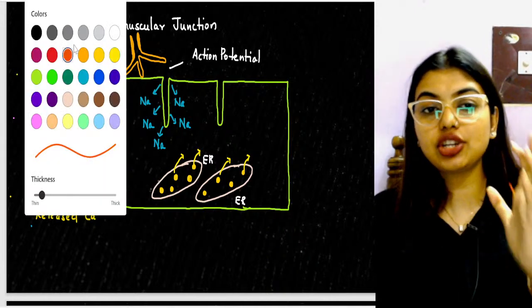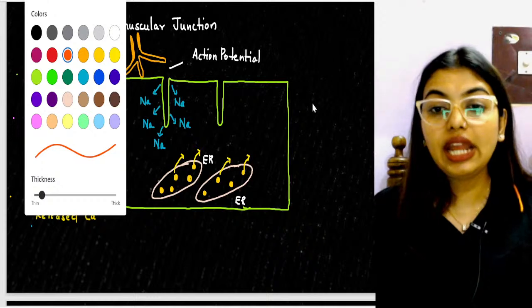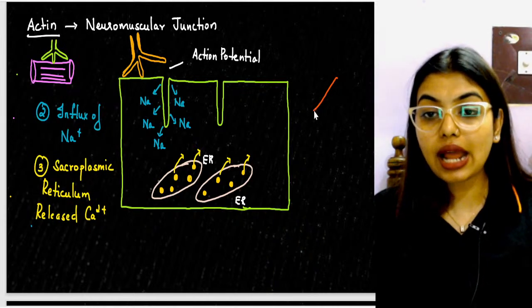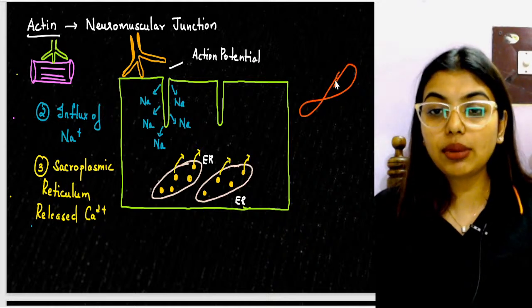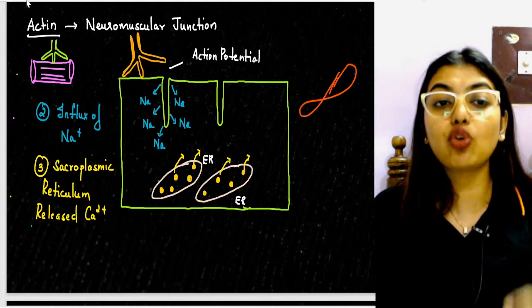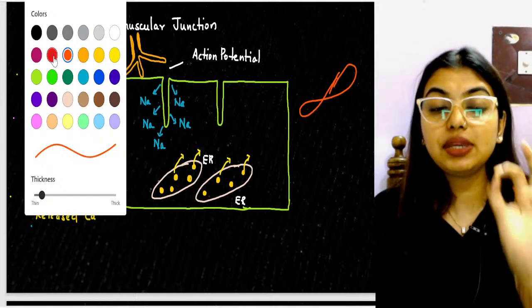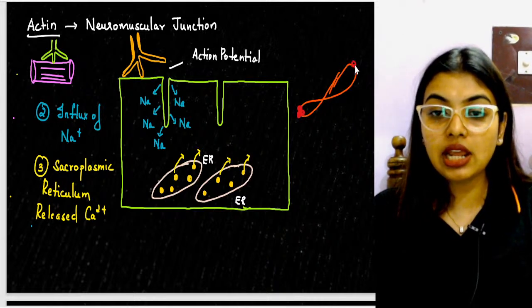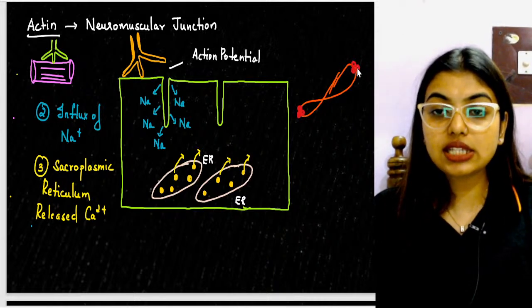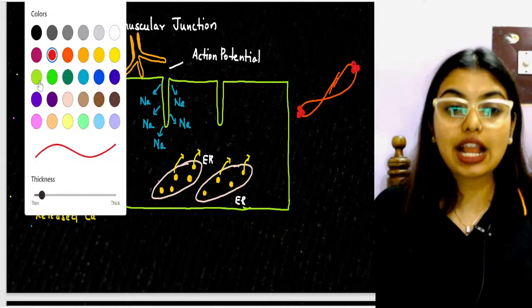Now the next catchy part. This calcium ion, where is it going to go? It is going to go to your actin. Why? Because don't you remember that in actin there is troponin, where we have a TPC binding site, yes or no? Here we have three components, which is your troponin. In that troponin, there is a TPC binding site, that is a calcium binding site.